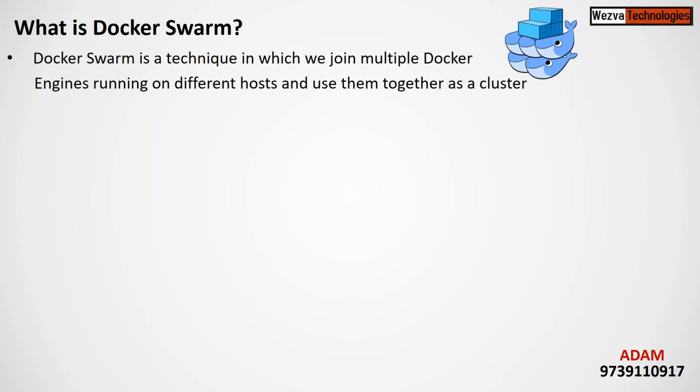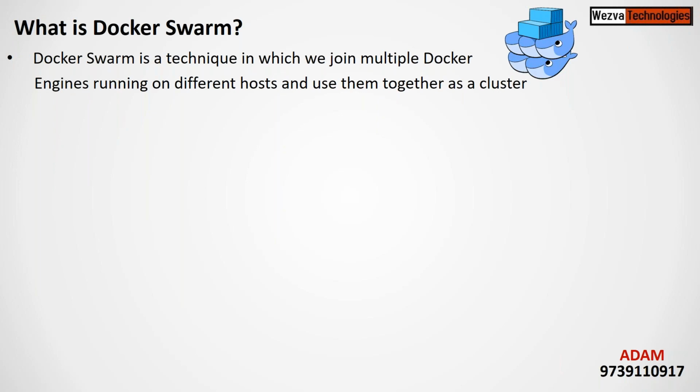So Swarm is actually part of your Docker. See, unlike Kubernetes, Swarm is something which comes by default along with your Docker daemon. That means if you install Docker daemon in a machine, by default, Swarm is available in it, but it will be disabled. So what do you mean by Swarm?